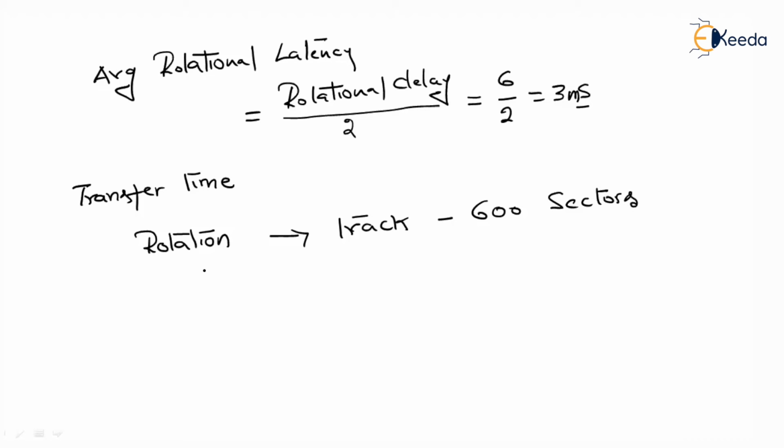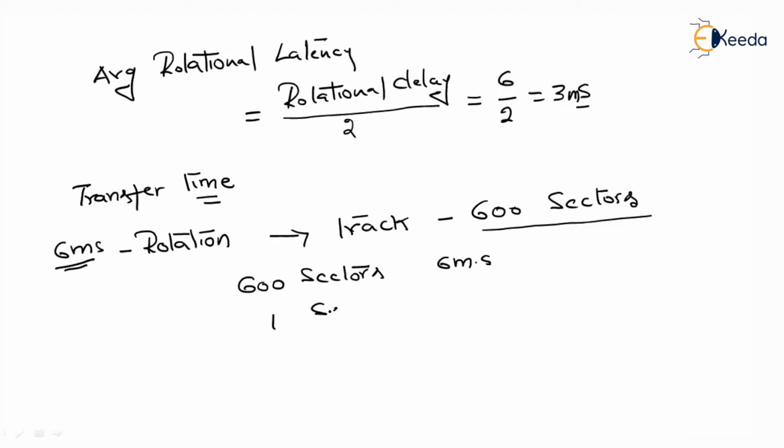So rotation requires 6 milliseconds. In 6 milliseconds, a total of 600 sectors will get covered, but the transfer time should be for one sector. If 600 sectors take 6 milliseconds, one sector will take 0.01 milliseconds.